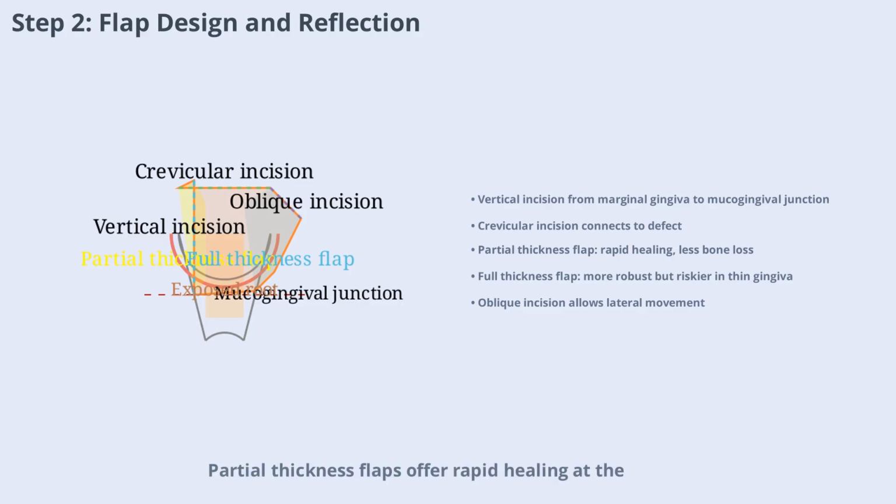Partial thickness flaps offer rapid healing at the donor site and reduced risk of facial bone loss, but thin gingiva may compromise flap survival. Sometimes, a short oblique incision into the alveolar mucosa at the distal corner of the flap is necessary to allow lateral movement without excess tension.